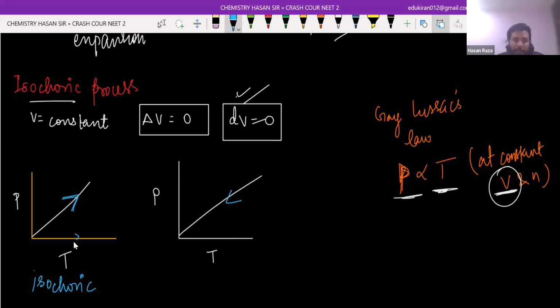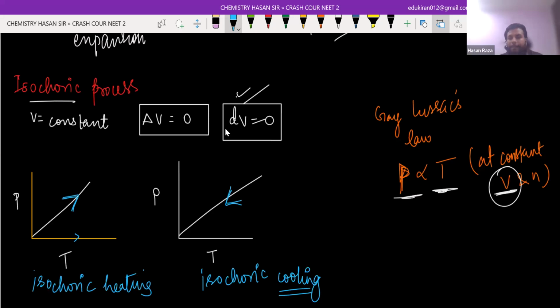In this direction, temperature is increasing, so this is isochoric heating. And in this direction, temperature is decreasing, so this will be isochoric cooling. Is that clear, everyone?